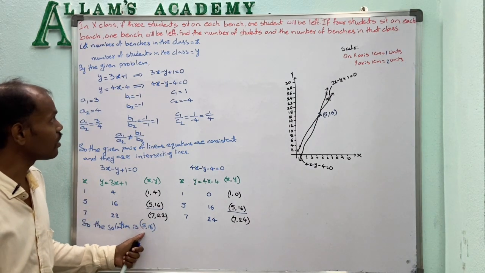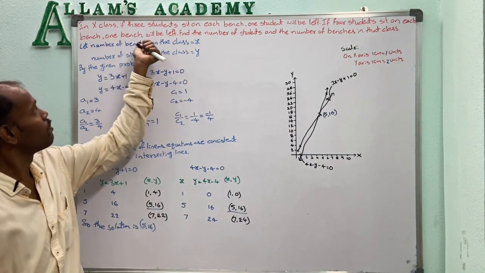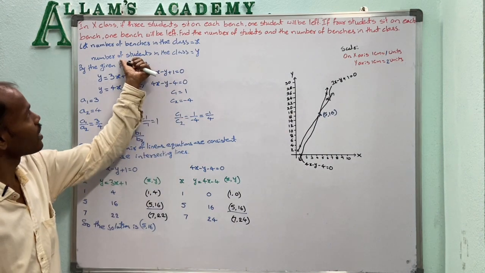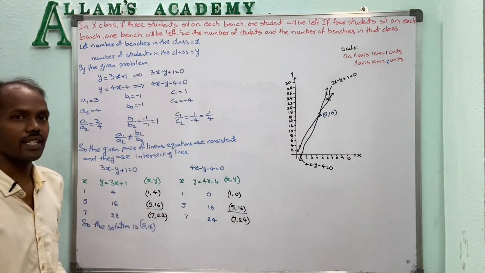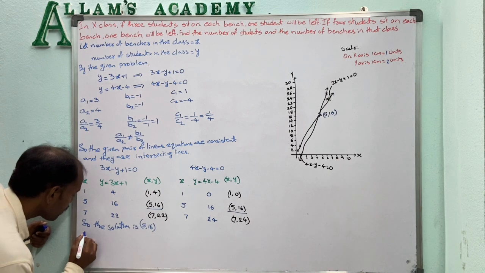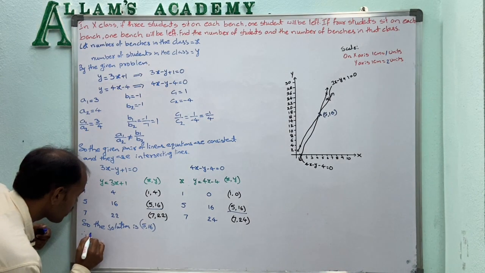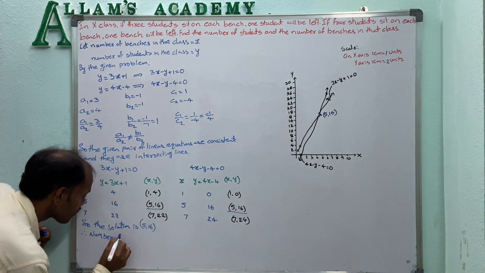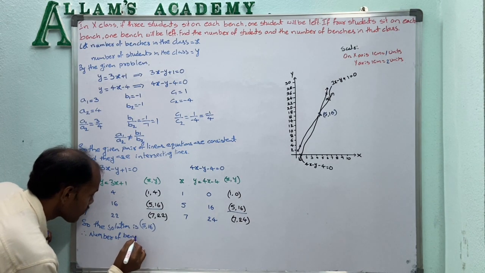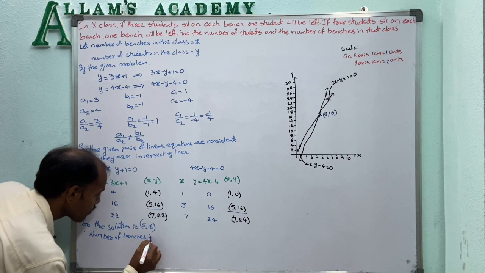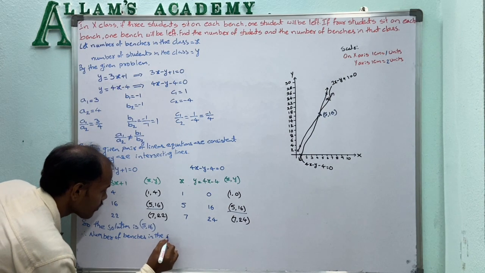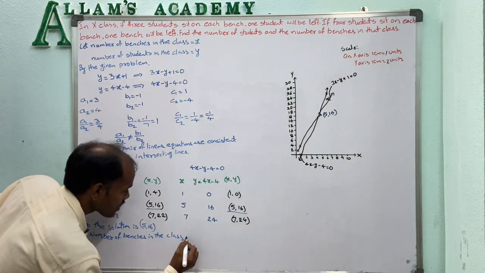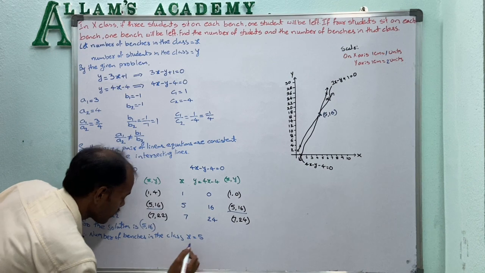So here the x coordinate is the number of benches in the class. So the number of benches in the class is 5 and the number of students in the class, the y coordinate, is 16. Therefore, the number of benches in the class, x equal to 5.